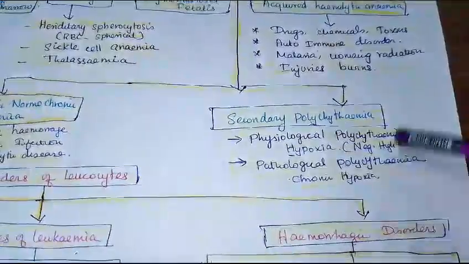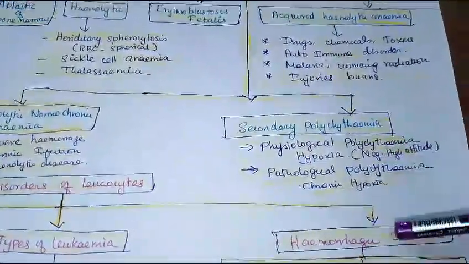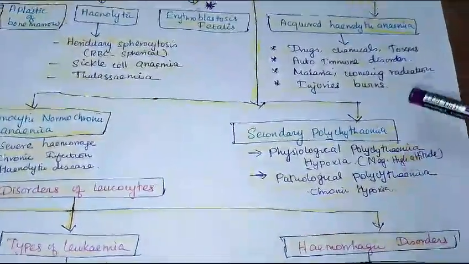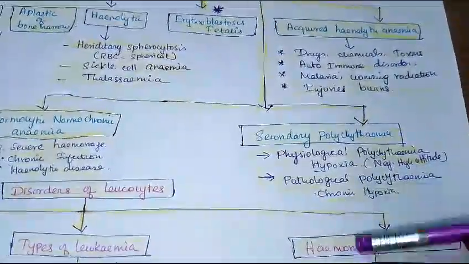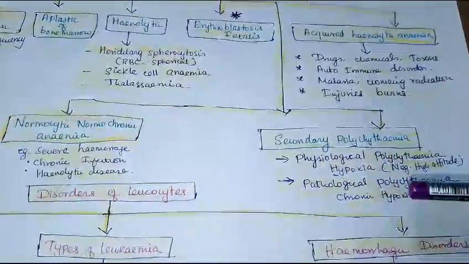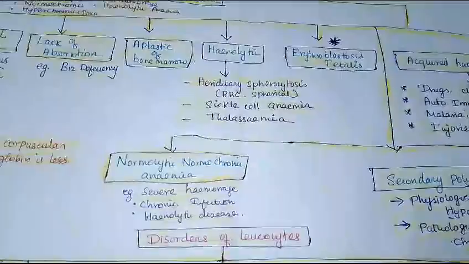If you are chronically living in an area where you are always getting hypoxia, maybe at a high altitude, in a mountain, every time the feedback mechanism will keep producing erythropoietin, but maybe one fine day it will fail, and you will develop secondary polycythemia.